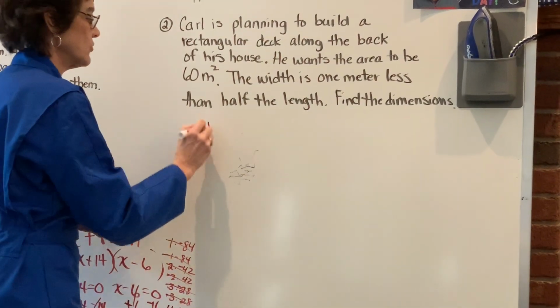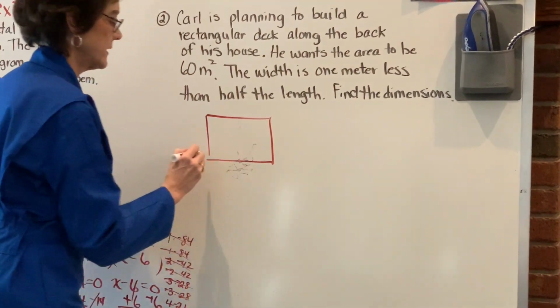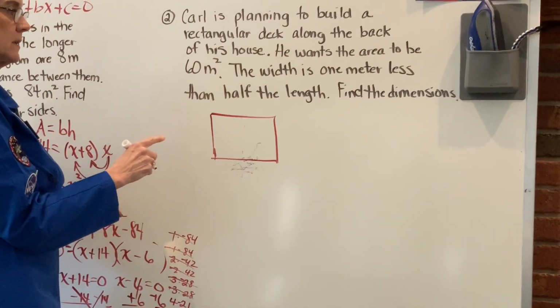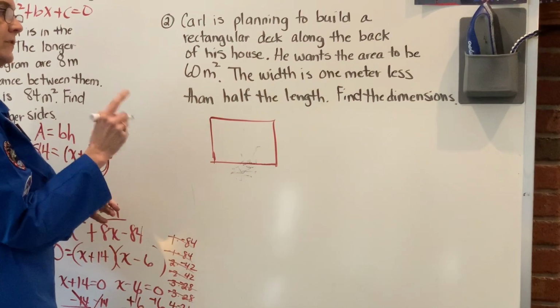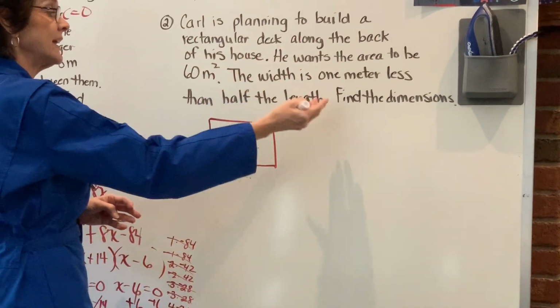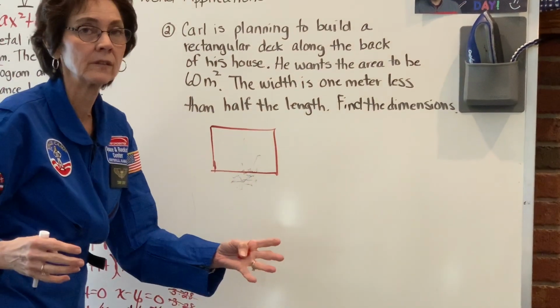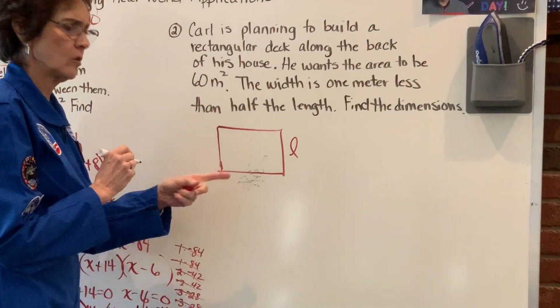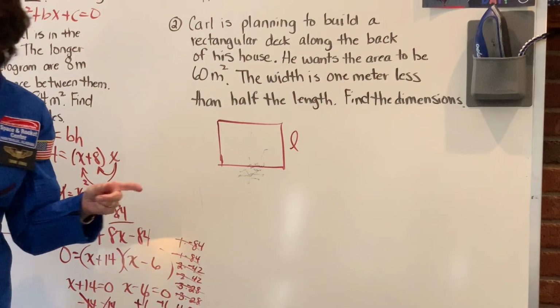All right, again, we can draw a rectangle. He wants the width to be, okay. So I think what we're going to have to do is the width is explained in terms of the length. So let's let the length be L. Oh, that's the wrong side. That's the little side. That would be the width, wouldn't it?